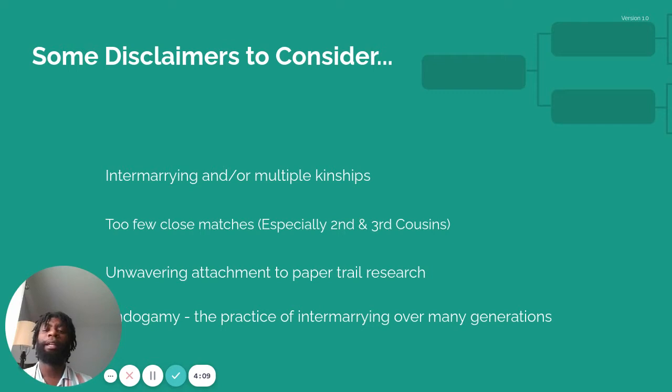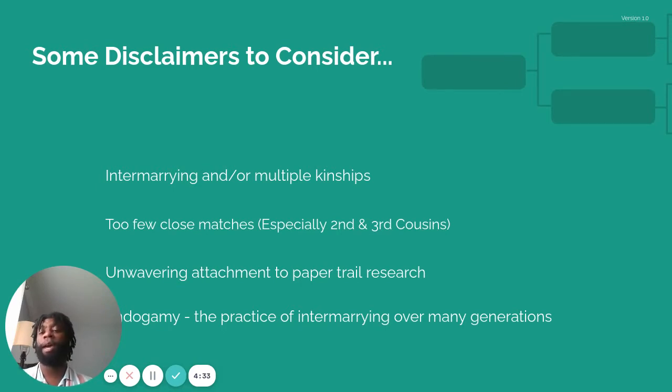But before we get into that, a few disclaimers that can complicate the process or make it a little bit more tedious to understand. One example is if in your lineage, especially more recently, there's any intermarrying. There's a few examples.